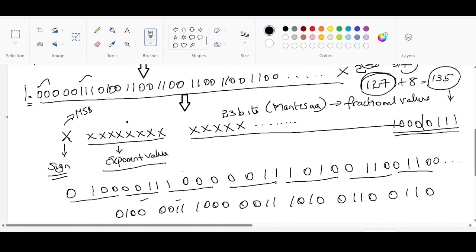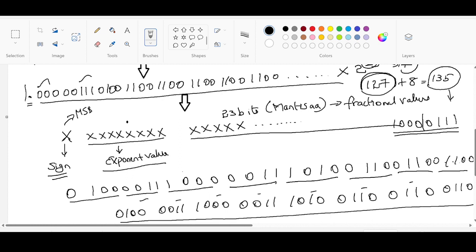So 4, 8, 12, 16, 20, 24, 28, and we need to consider the last group, 0 1 1 0. So this is the final answer.